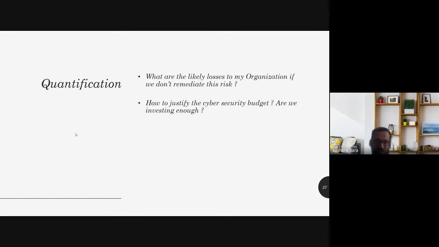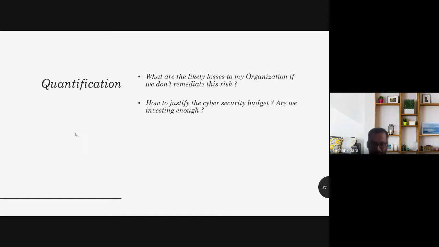So the quantification is important in terms of what are the likely losses to my organization if we don't remediate this risk, right? So what if we don't purchase that latest and greatest DLP software, the data leak prevention software? What are the likely losses? If we can have an estimate saying that, hey, there's a 10 million likely loss, but we just need to spend 100,000 on purchasing this DLP, that might make sense.